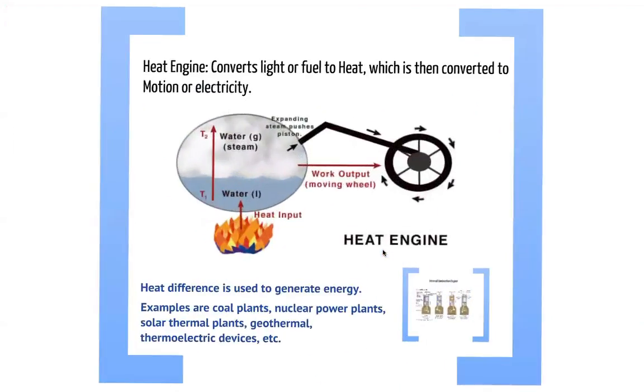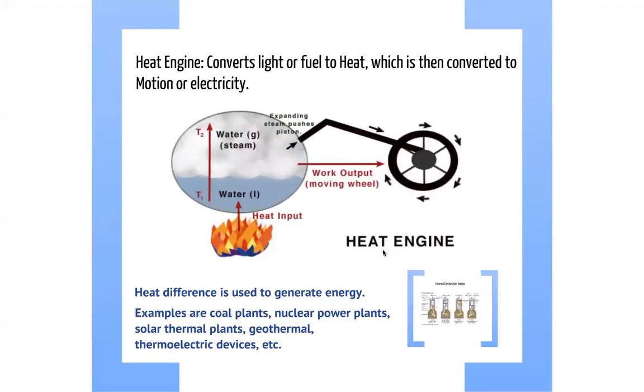So what is a heat engine? We talked about what a heat engine is briefly in some of the previous lectures. A heat engine is just a machine that converts light or fuel to heat. Well, it doesn't need to be this particular thing. A heat engine can be anything that converts energy from one form to another.